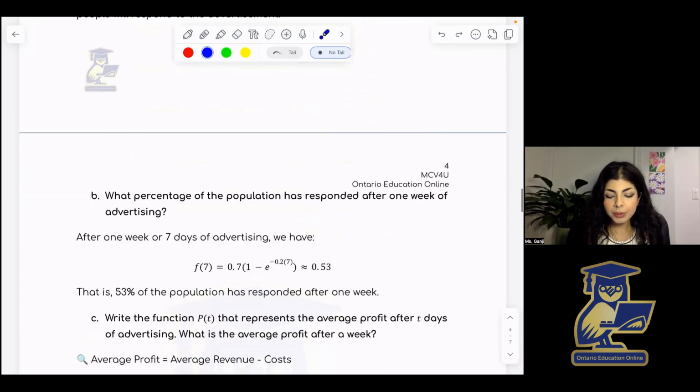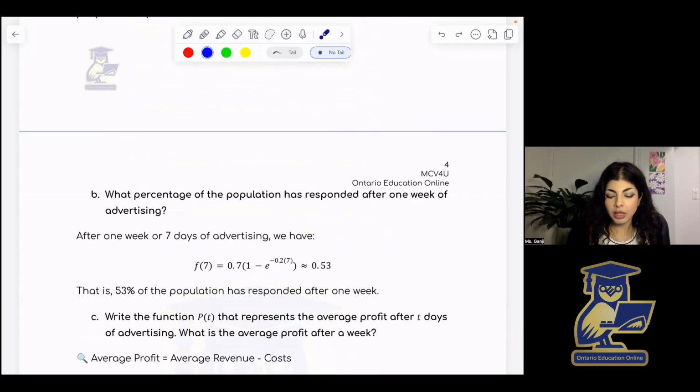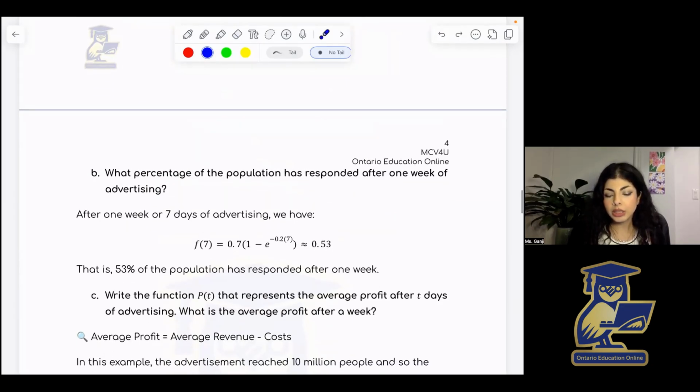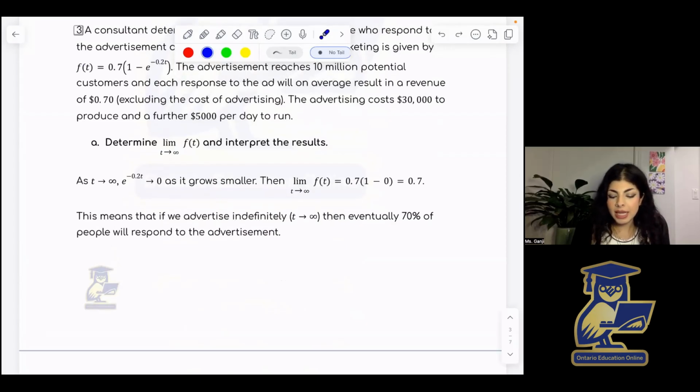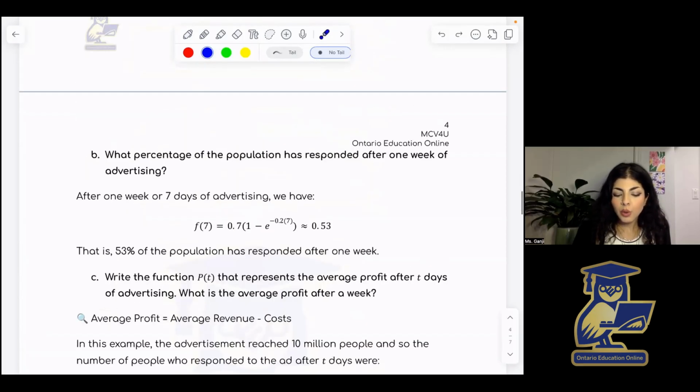Now we're asked what percentage of the population has responded after 1 week of advertising. We're interpreting this with f of t, but t is 7 here. So after 1 week or 7 days of advertising, we have f of 7, and this is just substituting our value and evaluating. We have 0.53.